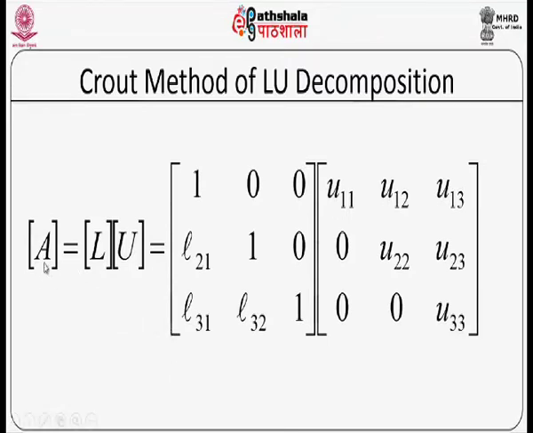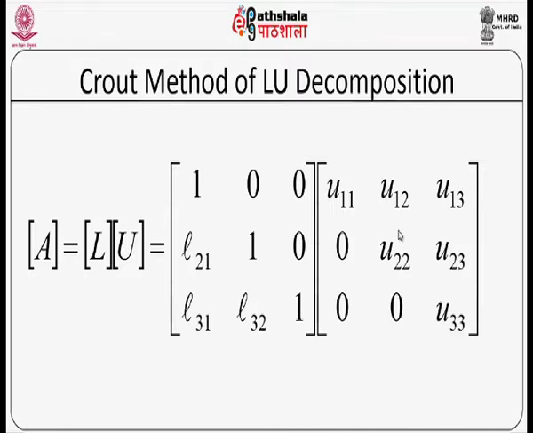You can see that the matrix A is decomposed into two matrices L and U, where the L matrix has a structure like this, where the diagonal elements are 1, these are the lower elements, and the upper elements of matrix L are 0. Similarly, in the matrix U, the lower elements are 0, and the upper elements are like U11, U12 and U13.